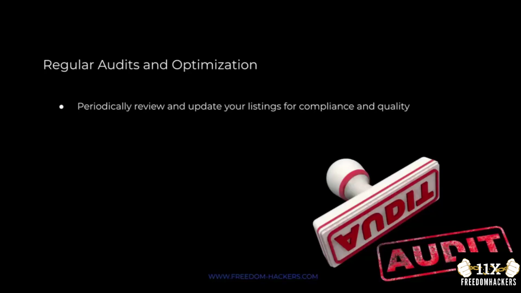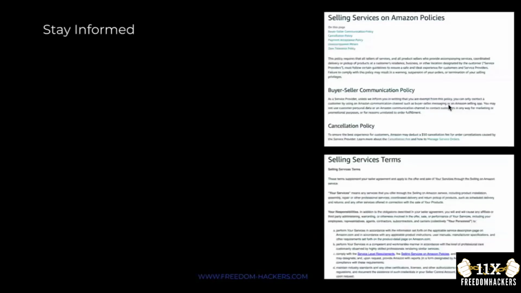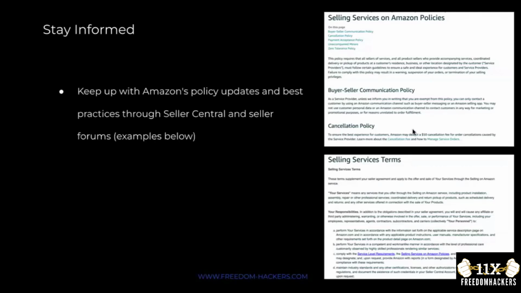Let's say you didn't have a good batch, so you had some quality issues. That's going to hurt the product listing, and you will end up with some negative reviews or the return rate goes up and things like that. So the main thing is to stay informed about your product listings, the quality, and any notifications.